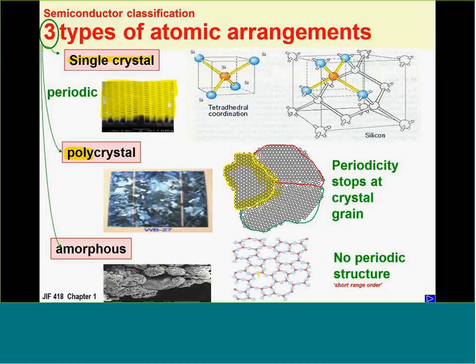The arrangement of the atoms is short range order. So it's not necessarily going to be repeated the same all the time. Look, this one is already different. See? This one is already different, you see? So it has no periodic structure.